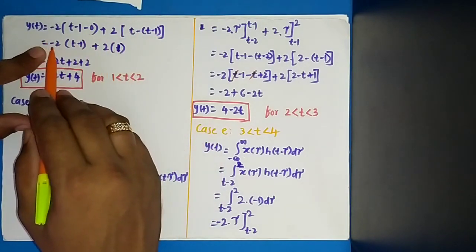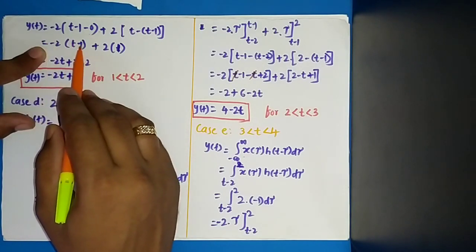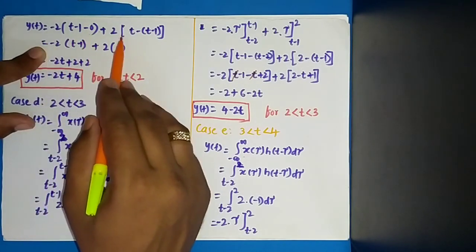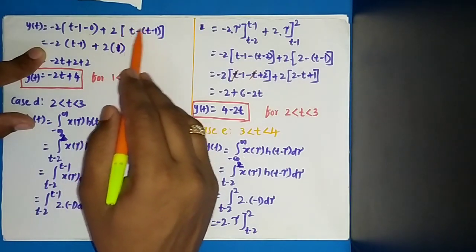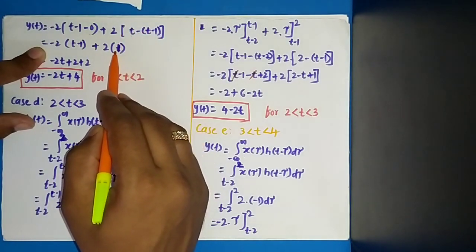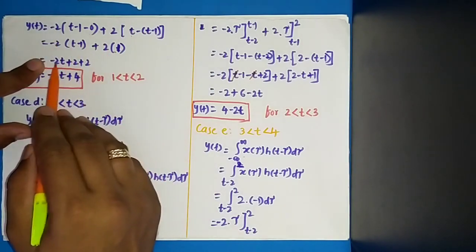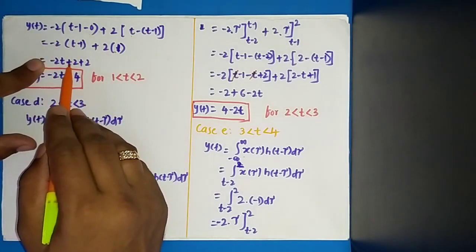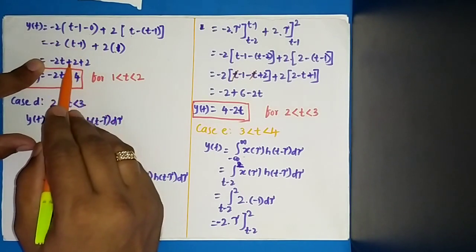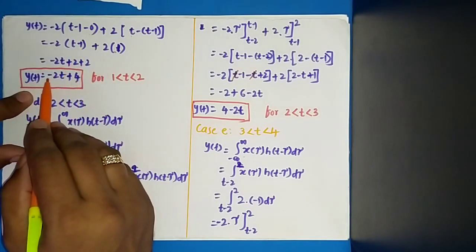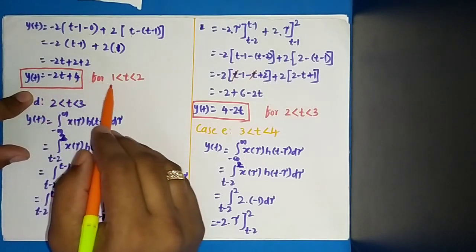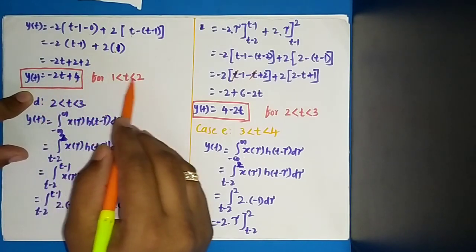Okay, so this will be minus 2 t minus 1 because this is 0 term, plus this will be t minus t plus 1. So t minus t cancels, only plus 1 remains. Okay, so what will it be here? It is minus 2t. This is minus minus plus 2 plus 2. So this will be plus 4. So y of t is equal to minus 2t plus 4 for t in between 1 and 2.